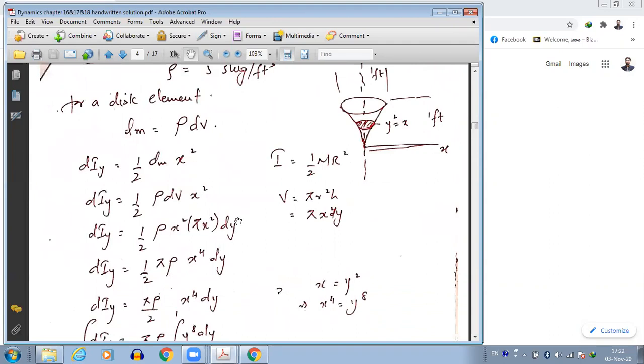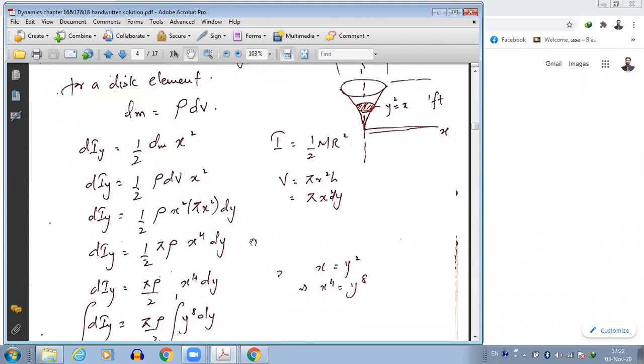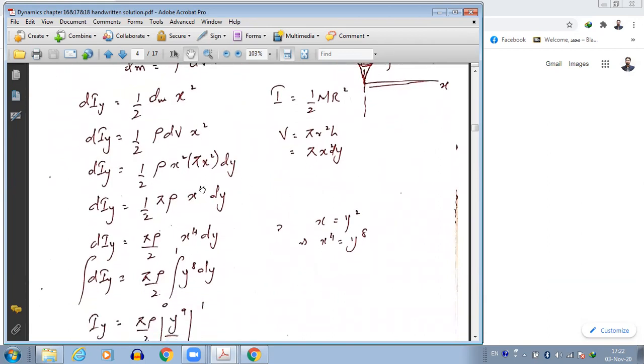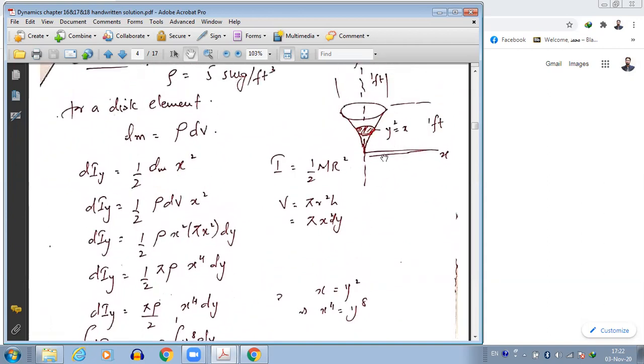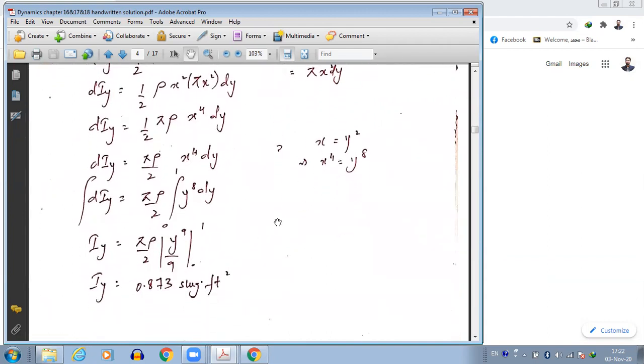So we used the moment of inertia for a disk, wrote it in the differential format, substituted the value of dv, and integrated this disk over the entire length of the body, y from 0 to 1, and then substituted the values to get Iy.